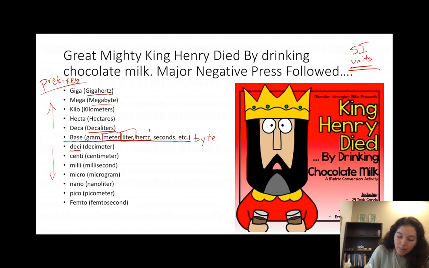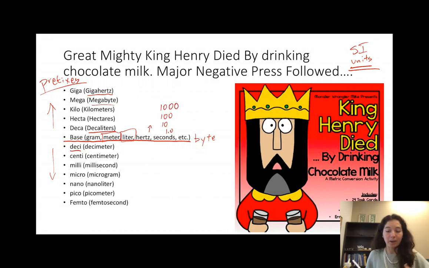So as you go up by 1, if this is 1.0, now you're at 10. As you go up again, you add another 0, 100, another 0, 1,000, and vice versa the other way. So if you start at 1 for your base unit, you're going to lose a 0, so you'll go the other way. It'd be 0.1. The next one, 0.01, 0.001. You're getting smaller by 10 or larger by 10 each time.